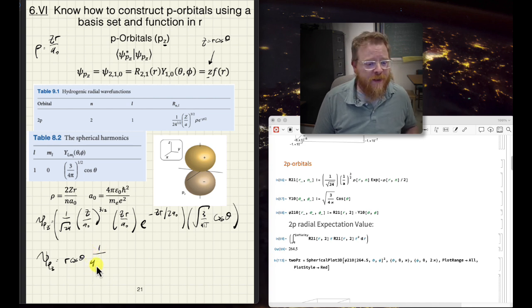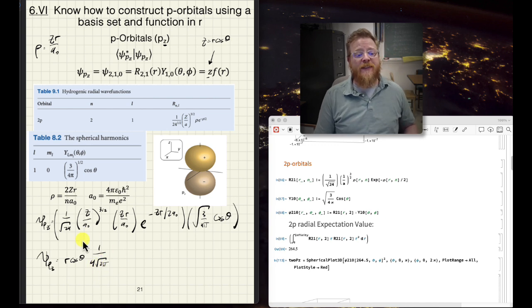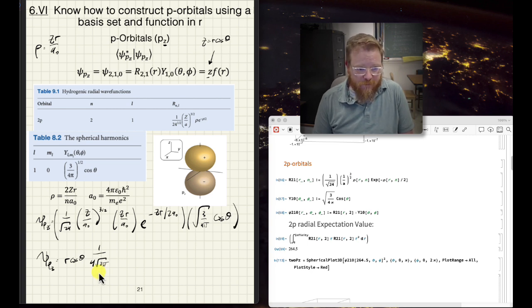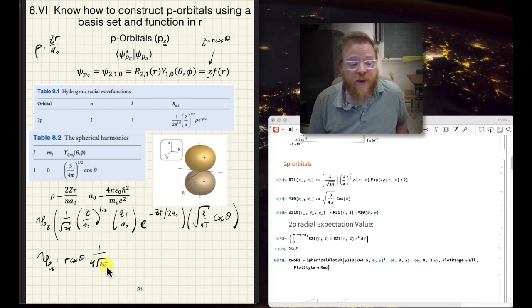I don't expect you to just be able to call this up off the top of your head, but we could simplify all those constants to 1 over 4 times root 2 pi. And then we can combine the Z over a with the Z over a to the 3/2 power, and that becomes Z over a to the 5/2 power.